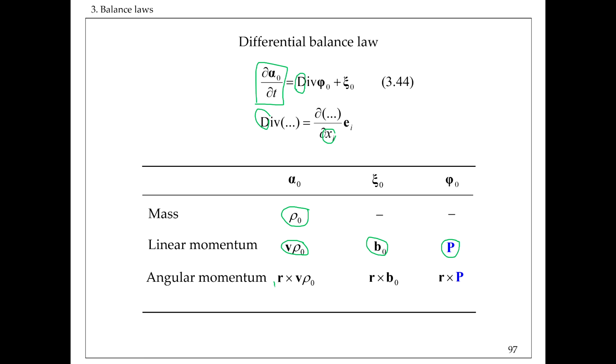So our quantities, okay, the angular momentum was substituted here instead of alpha 0, and this is the term that comes from the body forces, which we, in a straightforward manner, can recalculate and relate to B, the body forces in the deformed configuration.